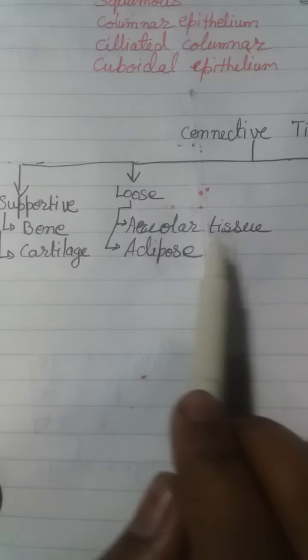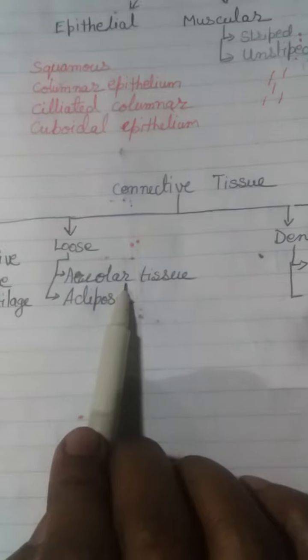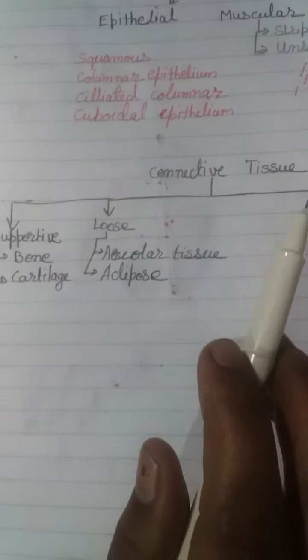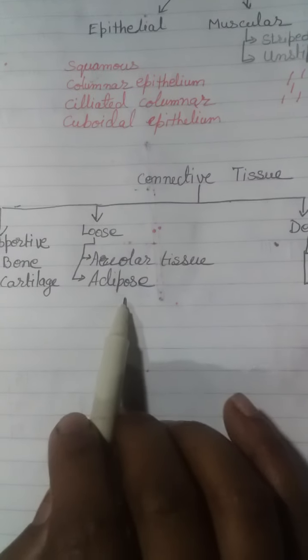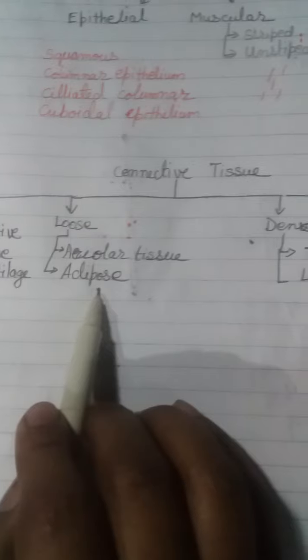Then comes the loose connective tissue. It is not tightly packed, it is loose, so it is known as loose connective tissue. It is of two types: areolar connective tissue and adipose connective tissue. Areolar connective tissue is located beneath the skin to give support. Adipose connective tissue is the fat cell.